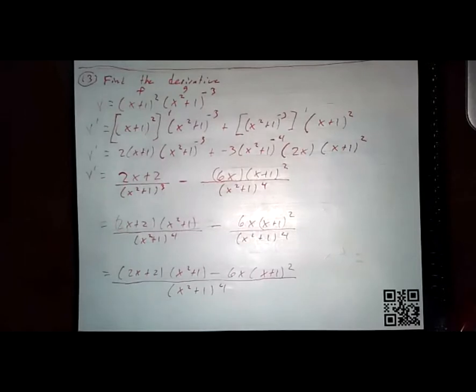Any questions on 13? In the test, for example, like that question, the answer would be exactly that, or would you still have to distribute the x squared plus 1 with the 2x plus 2?